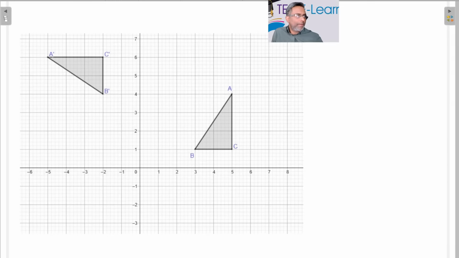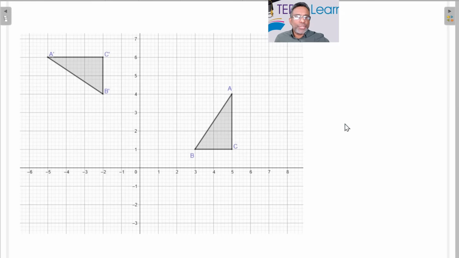I believe you all are seeing my screen. So we know it's a rotation. Some students are going to look at this and say, all right, it's looking like a rotation of 90 degrees anti-clockwise about the origin.